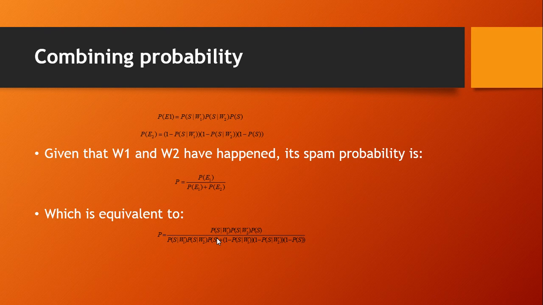Knowing the probability of just one word is not enough for us to judge whether an email is spam or normal. So we extend the conditional probability to the combined probability.